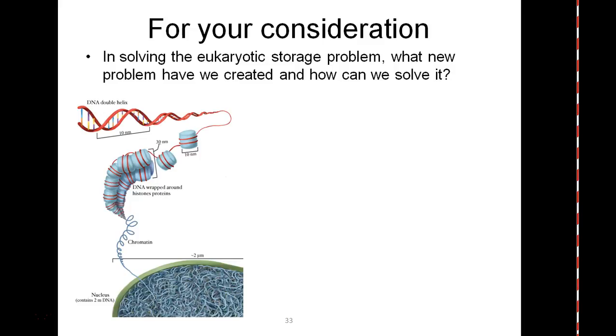In order for this tightly packaged DNA to function, what needs to happen? So this DNA in the context of chromatin is highly inaccessible, right? So other proteins that need to gain access to specific target sequences, for example, to express specific genes, are not allowed. So what needs to happen in order to allow for gene transcription?